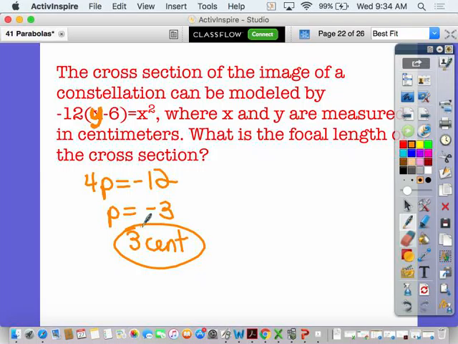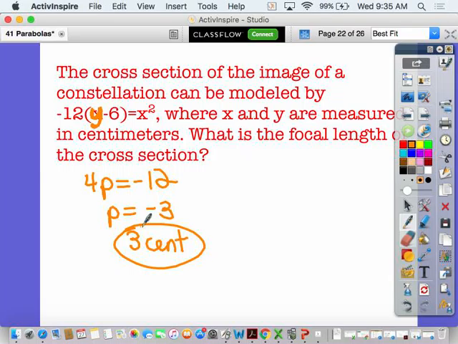What does the negative actually tell you? The direction. And which way does this parabola open? It opens down, because since p is negative it opens down, and your x's are being squared, so that supports the vertical orientation.